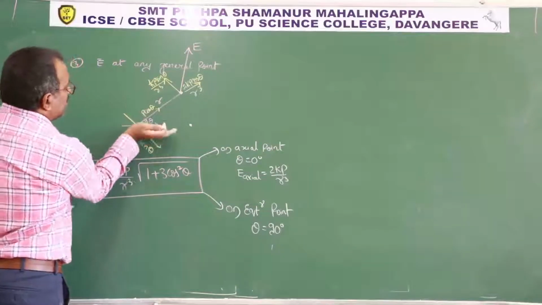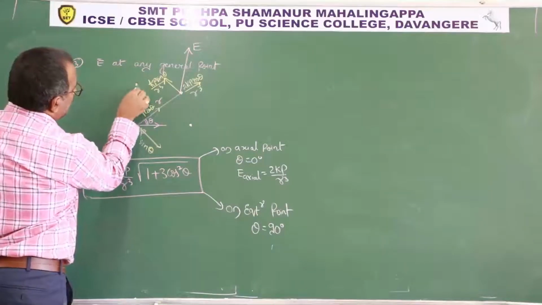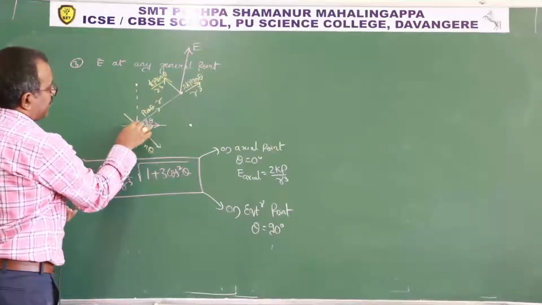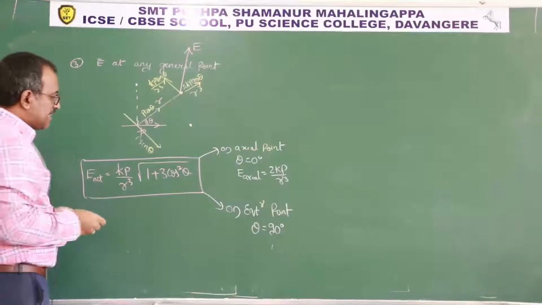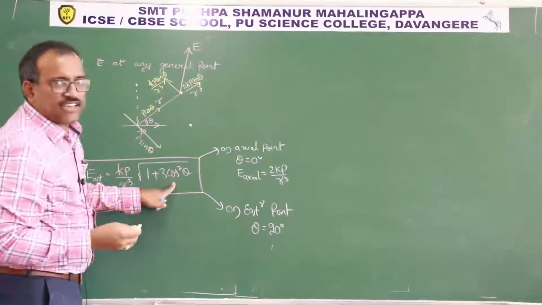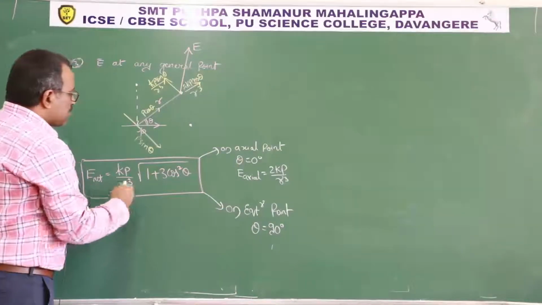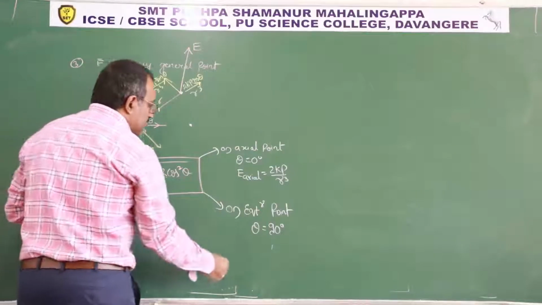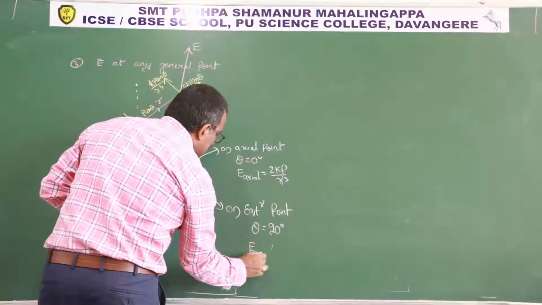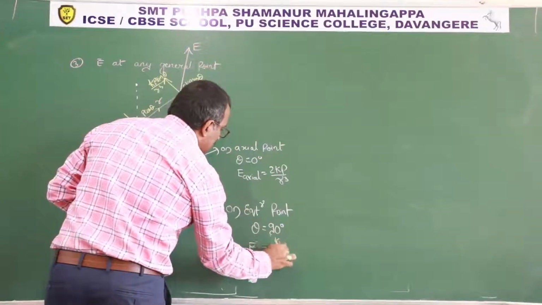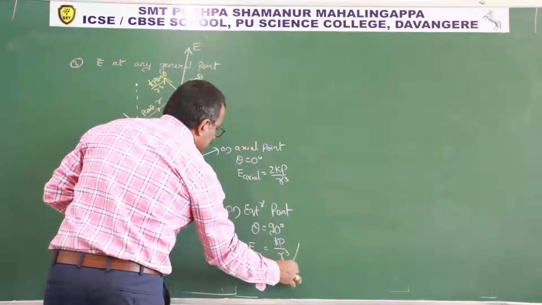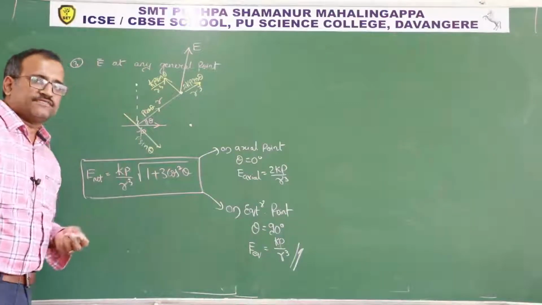You can see, when it goes here, theta becomes 90. Cos 90 is 0, so root 1 is 1. Then the answer, magnitude wise, on the equatorial line is kP by R cube. That's all for the session.